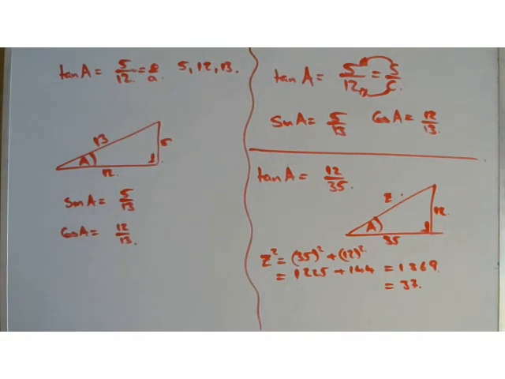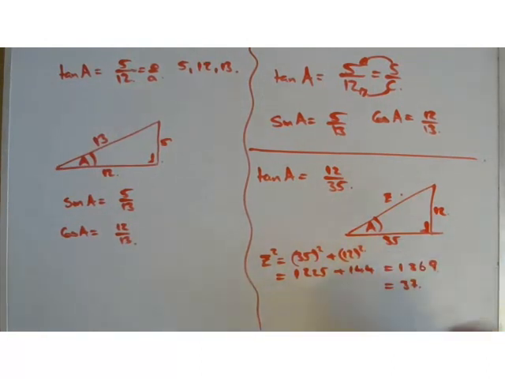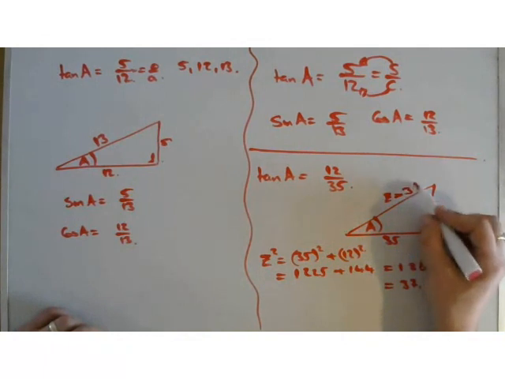Someone give me a base of that. Square root of 1369. None of you have a calculator in front of you, huh? Of course I am. Right, so 37 is there.